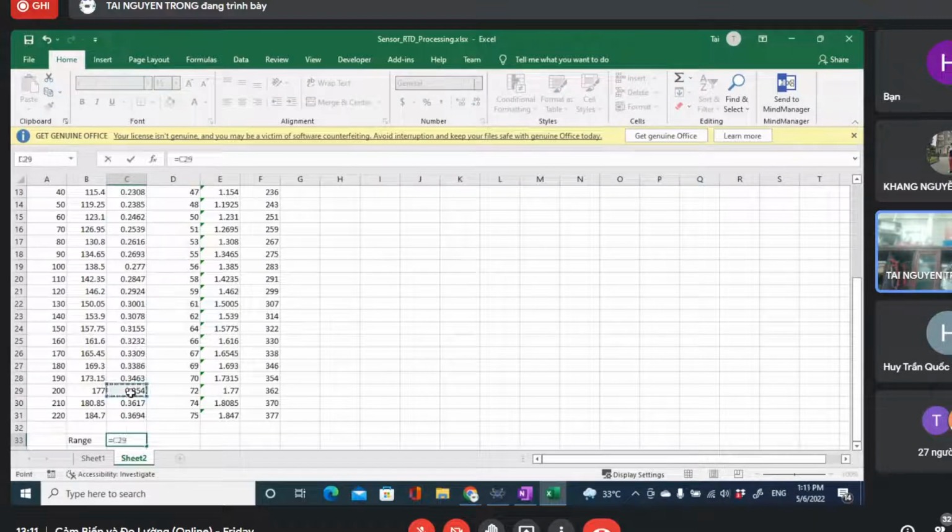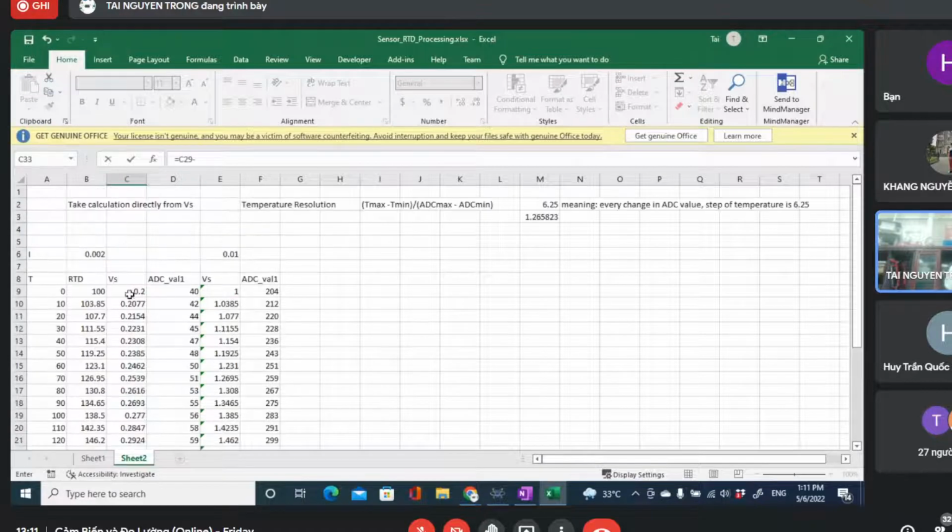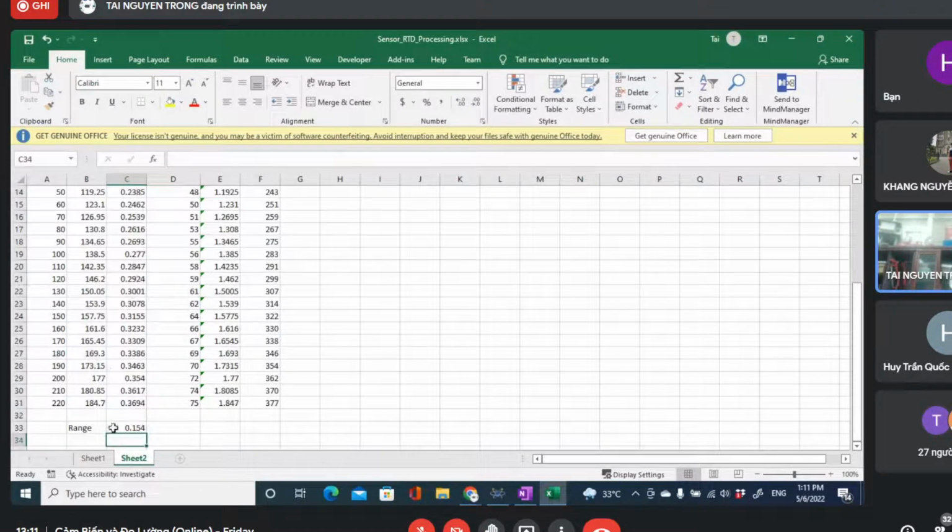This one minus this one is only 0.115, 0.15, so it's a very small range in the IDC range.